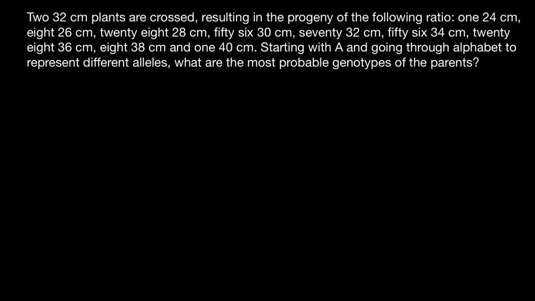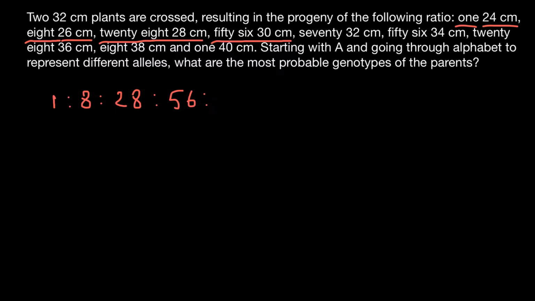Take a look. So we have one plant that is going to be 24 centimeters tall. So one such plant. We also have 8 plants which are 26 centimeters tall. So we have a ratio of 1 to 8. We have 28, which is 28 centimeters. So 28. We have 56.